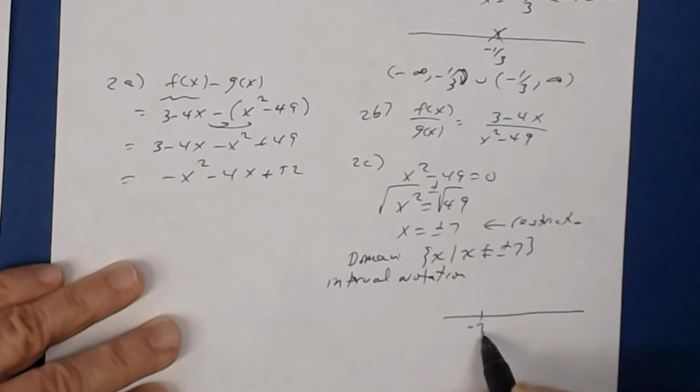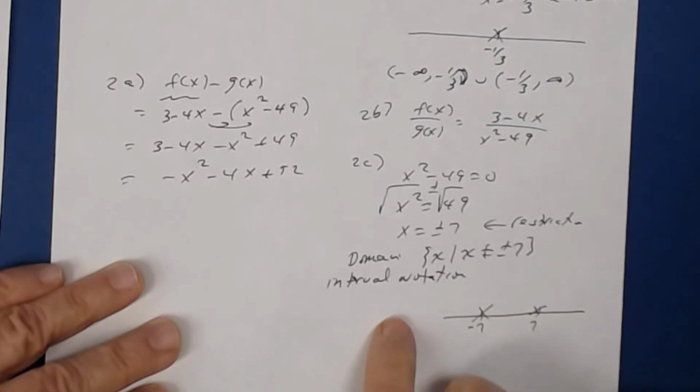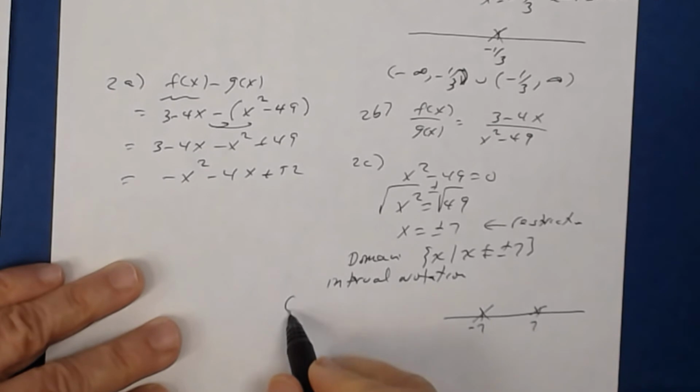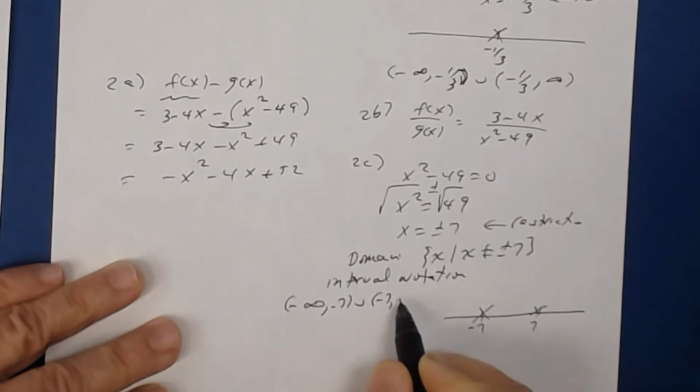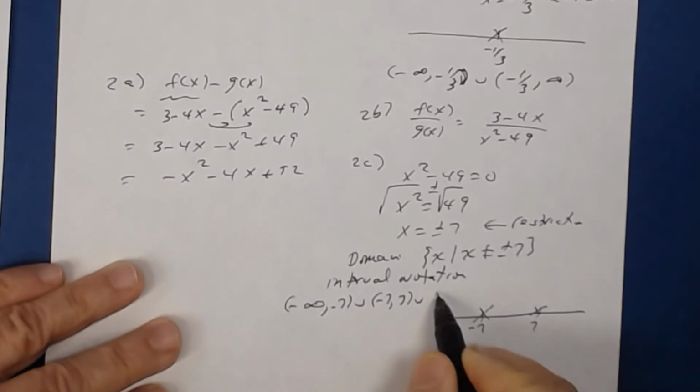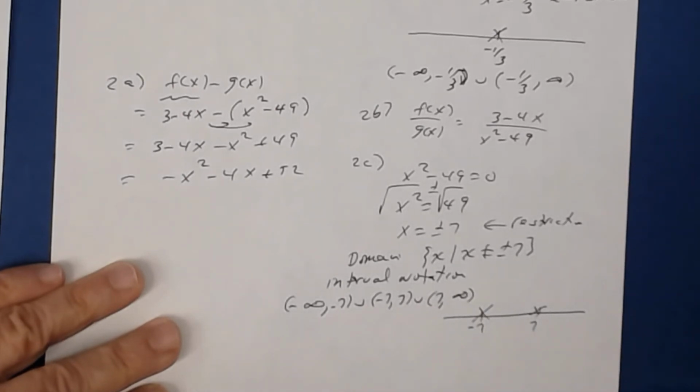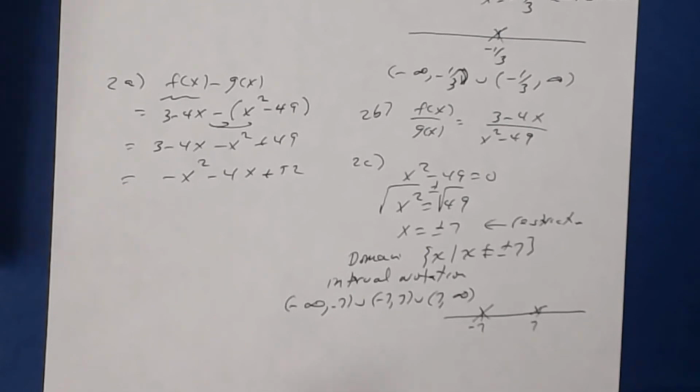So here's -7, here's 7. You have to put them in order. You can't use those. Notice that those two restrictions divide the number line into 3 intervals. So you're going from negative infinity to negative 7, union, negative 7 to 7, union, 7 to infinity. Okay? And so that's the answer to 2C.